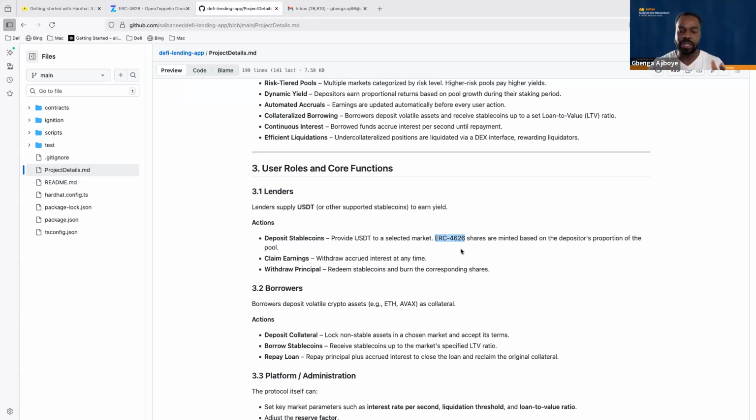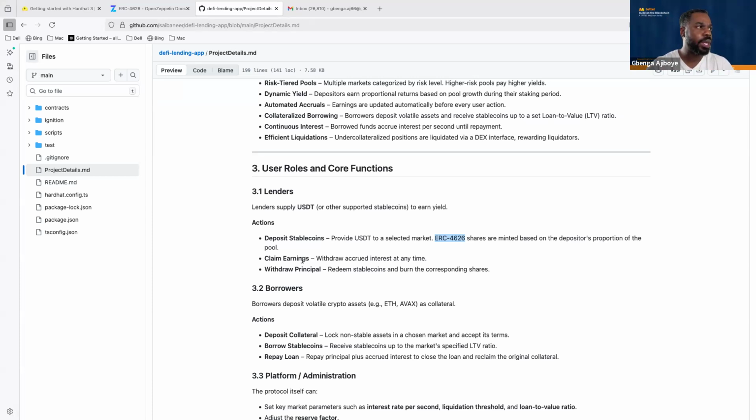So the total asset is cash plus loans. This allows us to track, for instance, that somebody deposits $1,000, another person deposits $1,000, but 500 has become a loan. If you look into the pool, you only see 1,500, but the truth is the total asset that the contract actually supports is 1,500 plus the 500 as a loan. So this allows us to track what's going on when the funds are not within the contract. That's why we use these shares.